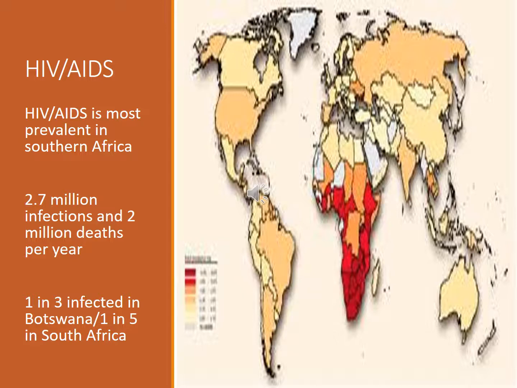This map gives you a good sense of where HIV infection rates are the biggest problem. And again, as I pointed out, Sub-Saharan Africa has a real problem here. In certain countries like Botswana and South Africa, you have infection rates of 1 in 3. Doesn't mean that they all have the actual disease, but that 1 in 3 test positive for the virus.